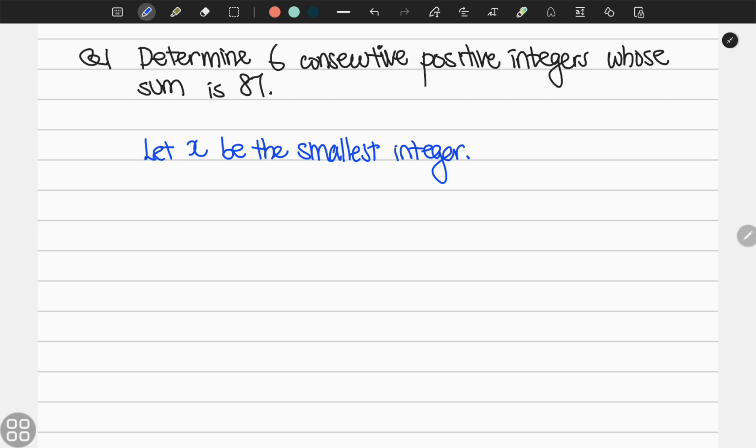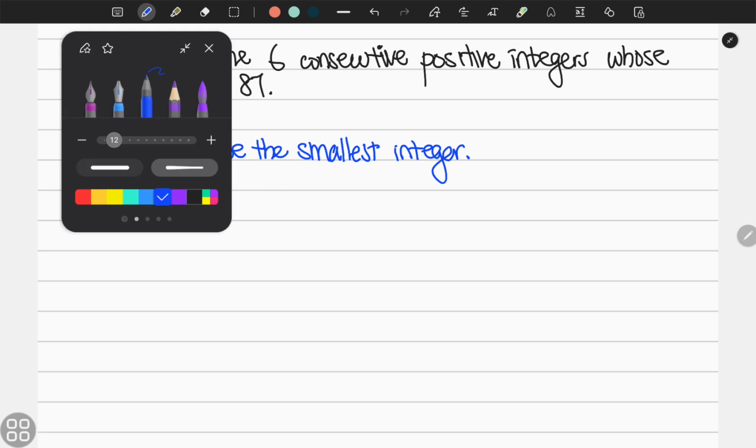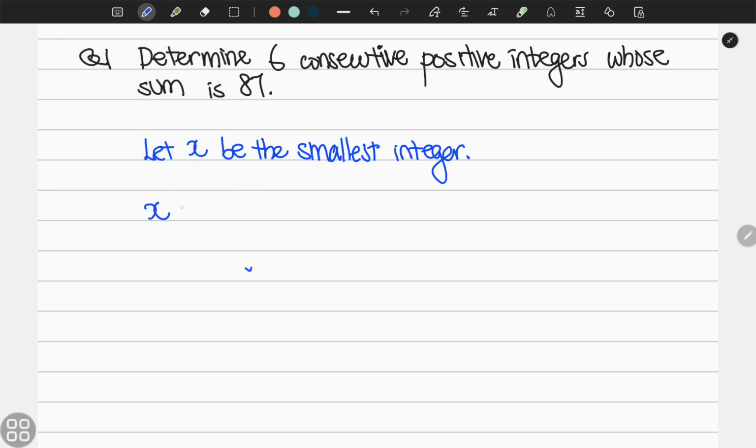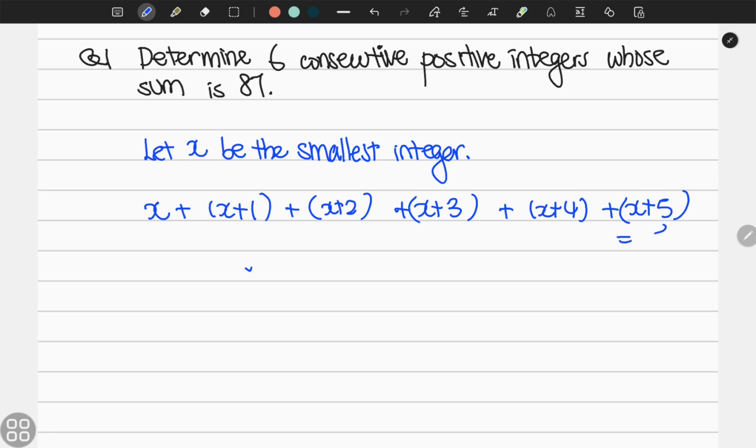Otherwise, it wouldn't make sense to just have x out of nowhere. Okay, then we have 6 positive integers, right? So let's write that. That would be x plus 1, followed by x plus 2, followed by x plus 3, x plus 4, and x plus 5. And this whole thing would be equal to 87.